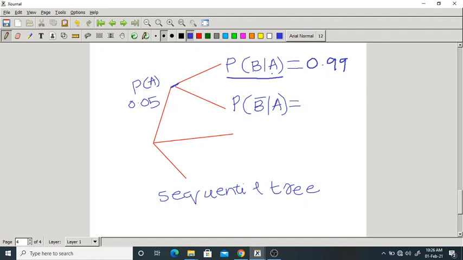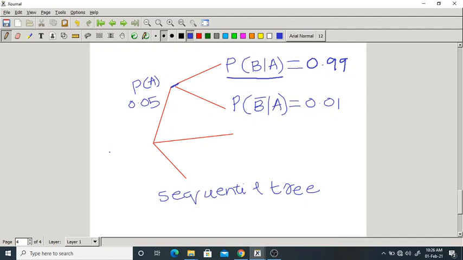Given that an aircraft is present, the radar does not identify its presence with probability 0.01.